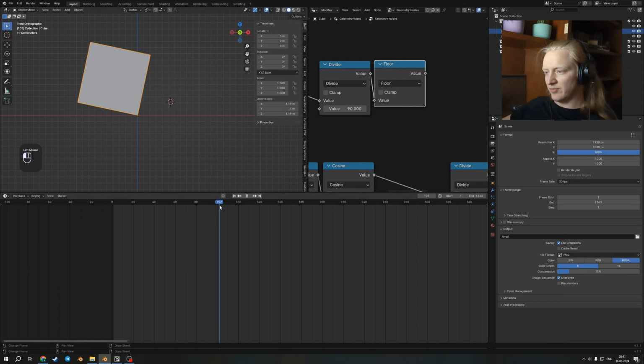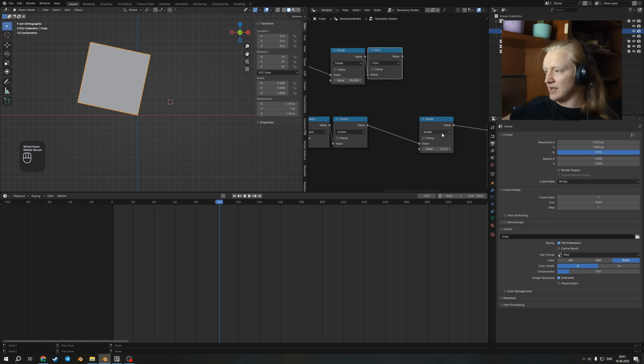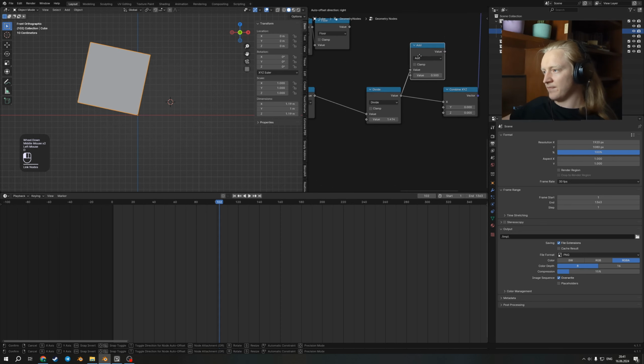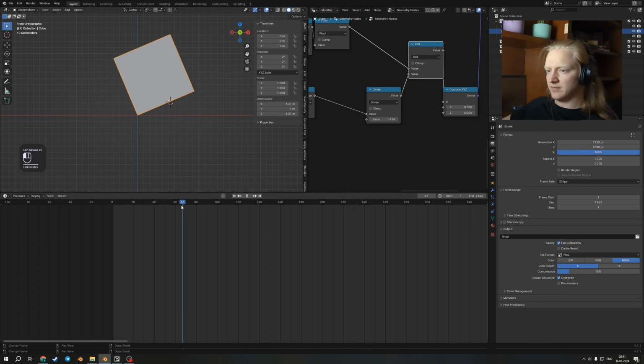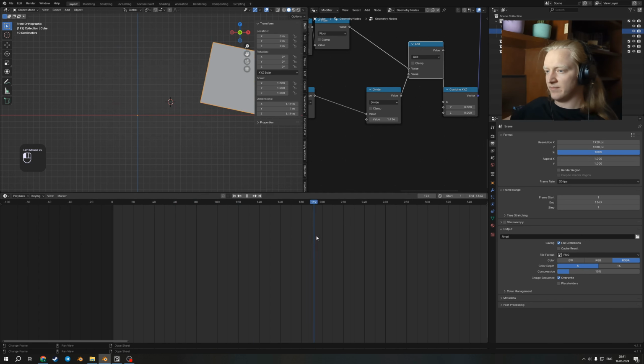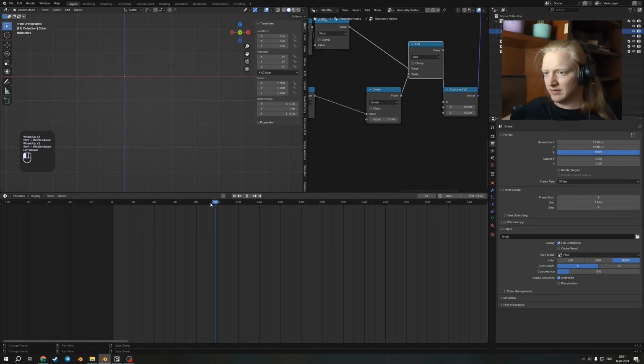But when it goes beyond 90, so that divided by 90 is between 1 and 2, here the value is going to be 1. And we just add it here. Let's switch them up and put it here. And this is pretty much it. As we can see, the cube rolls perfectly without sliding at all.